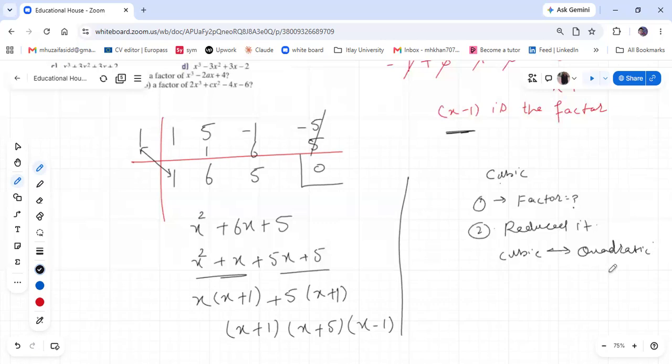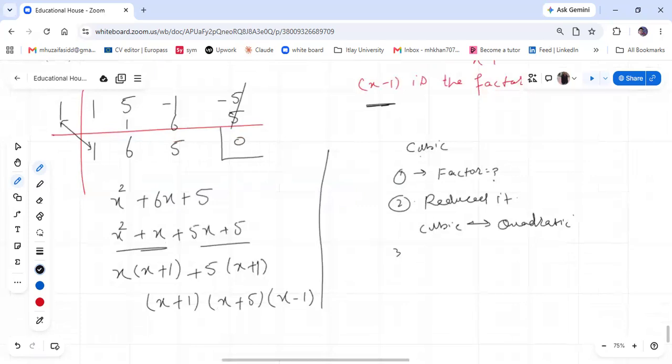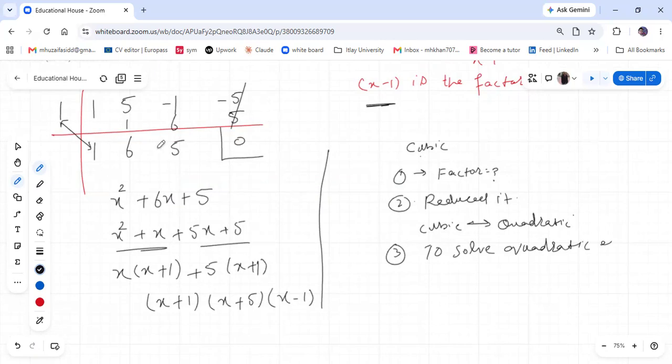Then from your third step, to solve the quadratic equation, we have three basic methods. First one is the formula method, minus 4ac over 2a.